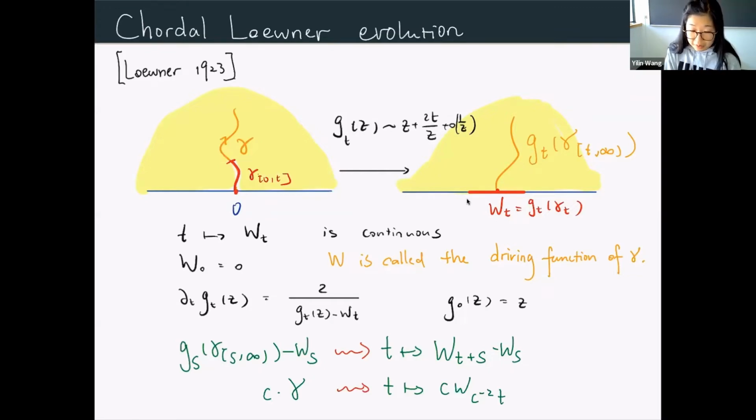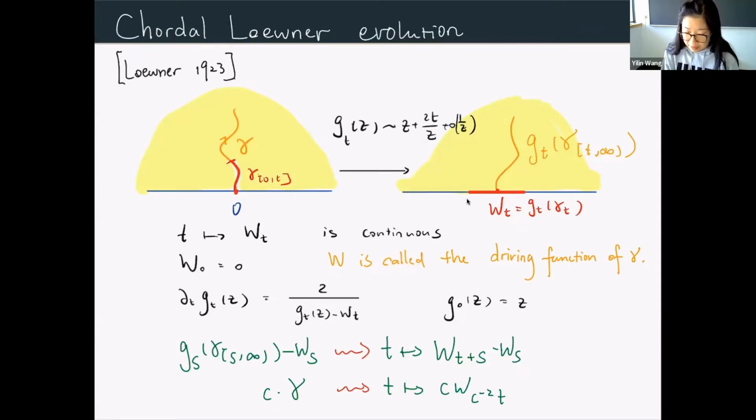And if I scale my curve gamma by a positive number c, then the driving function changes in this very explicit way. So these two transformations are true for any simple curve, it will satisfy this property.